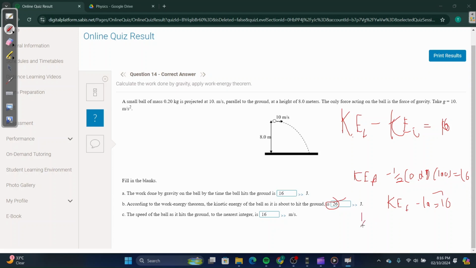Half of mv squared, which is half of 0.2, so 0.1 times v squared equals 26. So you divide by 0.1.